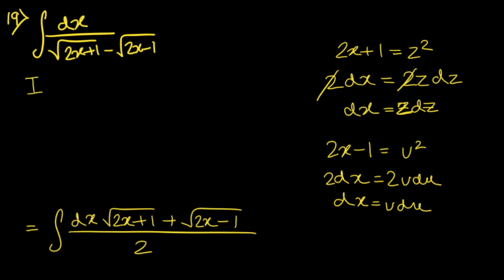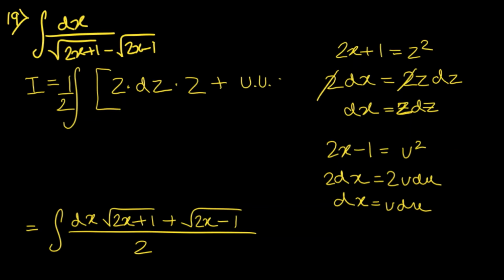Now on placing the z terms within the equation, so 1 by 2 I am taking out integration of z dot dz, because 2x plus 1 dx is what, z dot dz, and 2x plus 1 term is already there, so 2x plus 1 term is z square, so another z will be included in the equation, plus u, same here, u dot du.